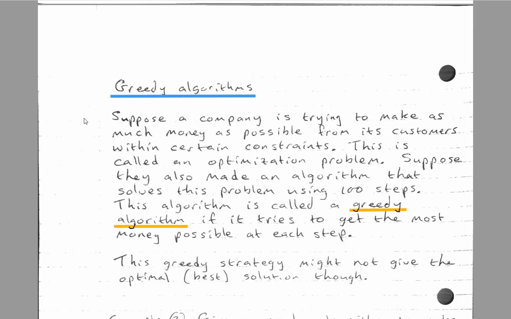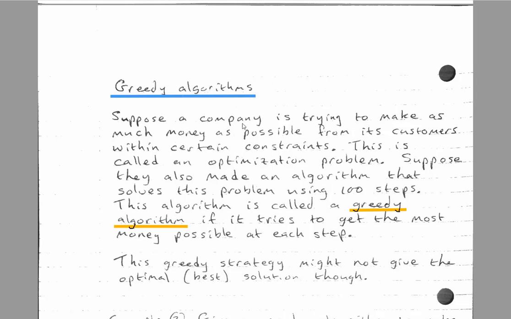Another class of fairly simple algorithms are called greedy algorithms. They work step by step, and at each step they make a local optimization. They just do the simplest thing to maximize something.